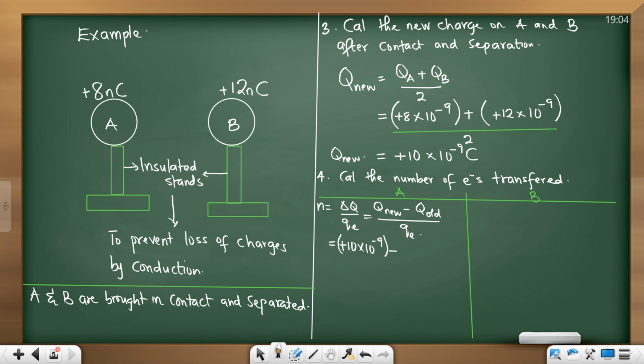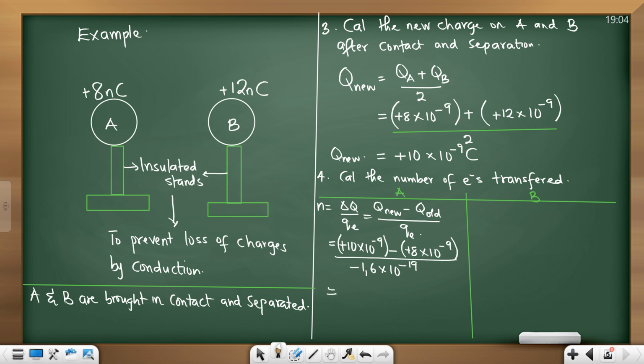A was 8. Positive 8, right? Don't forget the signs are very important. We are going to move to grade 11 now, where the signs will no longer play a role. But what's the charge on an electron? Negative 1,6 times 10 to the power negative 19.